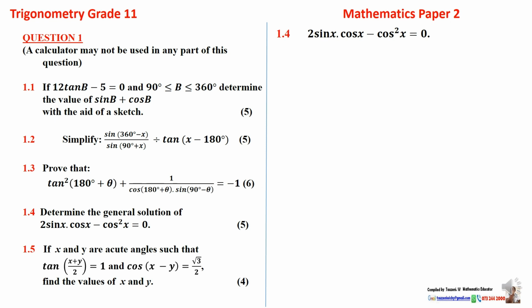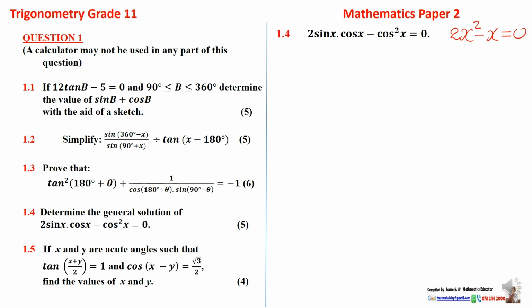Right, this one, if we have only two terms, we can borrow ideas from algebra. Let's say, for example, we have an equation that has got two terms and we want to solve that equation. Now, we can solve this equation by factorization.